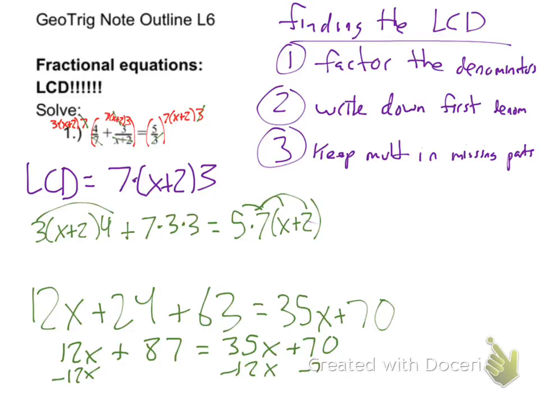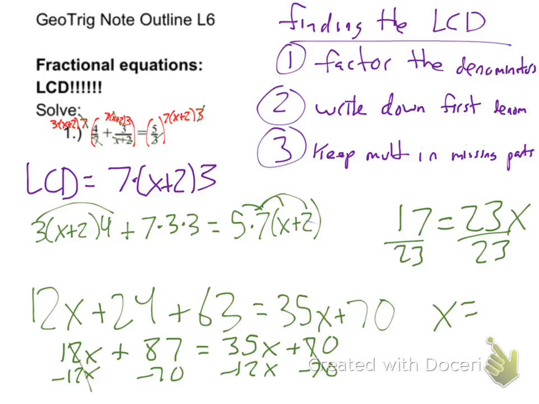Minus 12x, minus 70 and minus 70. 87 minus 70 is 17 equals 23x. Divide both sides by 23. X is equal to 17/23.